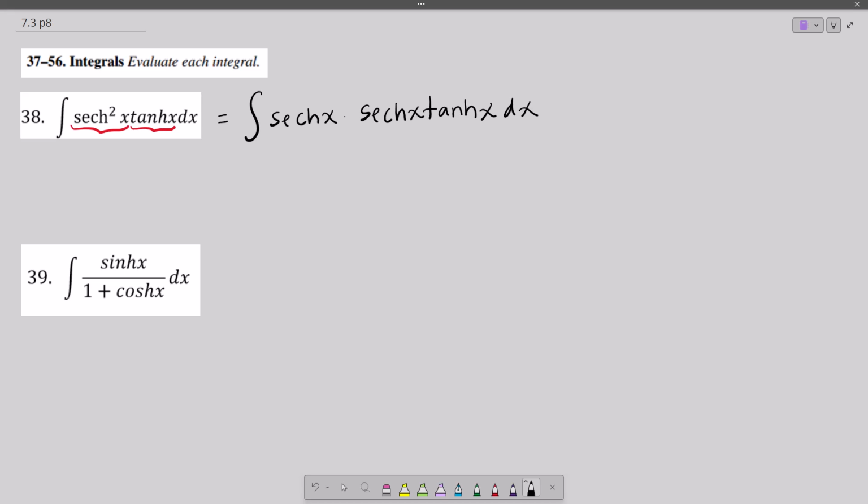So either one is going to give us, maybe I shouldn't say the same answer, equivalent answers. They might have different functions in them, but they're going to be equivalent. So it doesn't matter which way we go. Over here, if I let u equal tanh, then du is going to be sec squared of x dx.